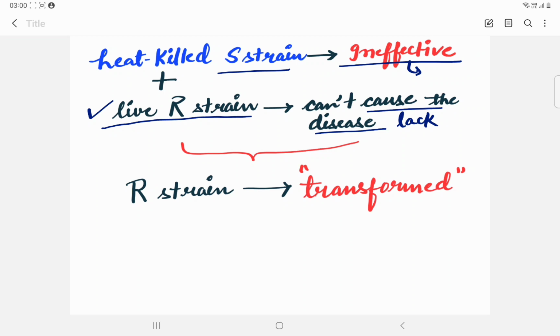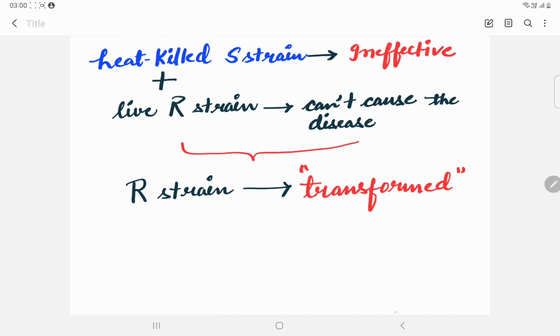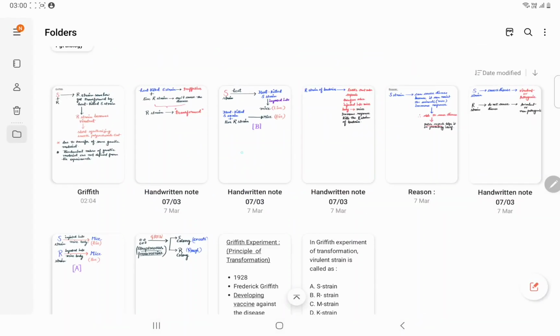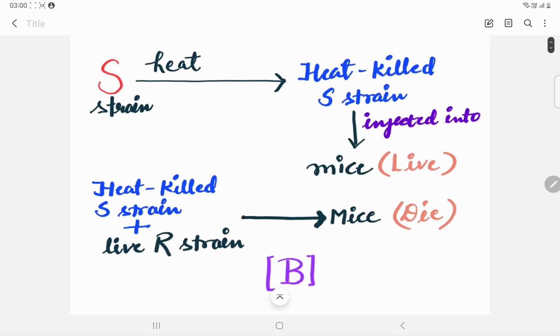Now what is happening here? Heat killed S strain and live R strain, when mixed together, as we can see in the previous slide, cause the mice to die.